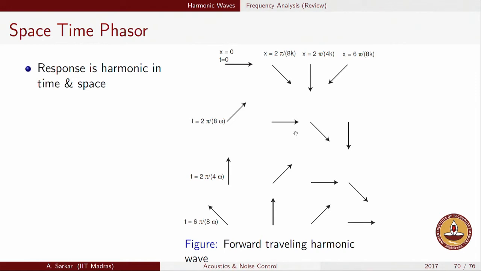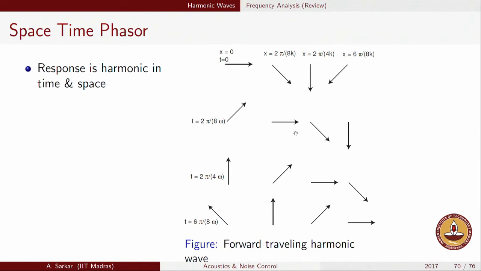If we adopt the snapshot viewpoint, which means what happens to different points at the same instant of time, then the different points will also be harmonically related, which means there will be a phasor, but this time it rotates in the clockwise sense at a speed of k. Therefore, when it covers 2 pi by 8k, which means pi by 4k, it has gone 45 degrees in the fourth quadrant.